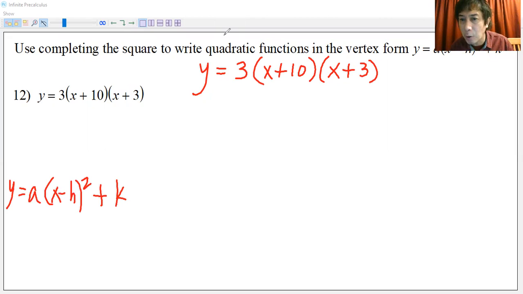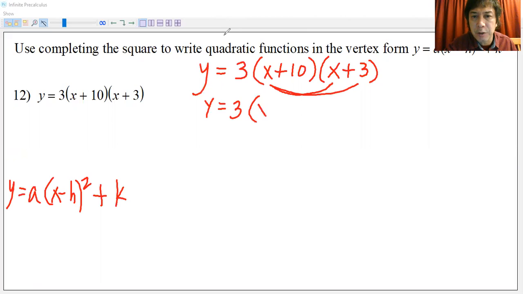So before you can do the completing the square, we shall multiply the two binomials first. So x times x and then x times 3. x times x is x squared, and then followed by x times 3. Both positive gives plus 3x. And so we are done distributing the x.